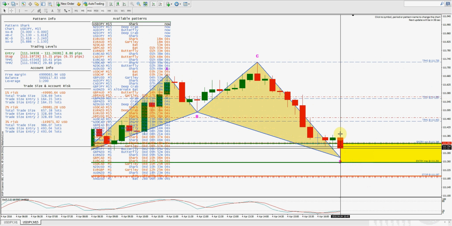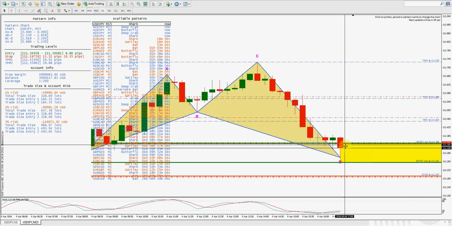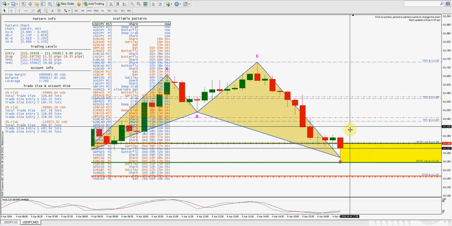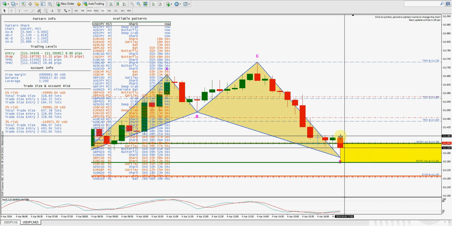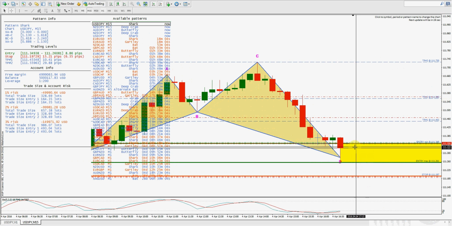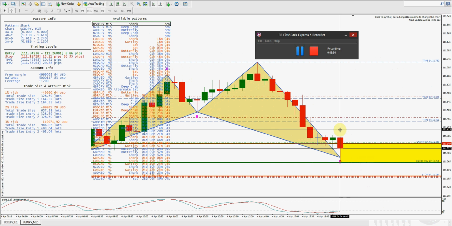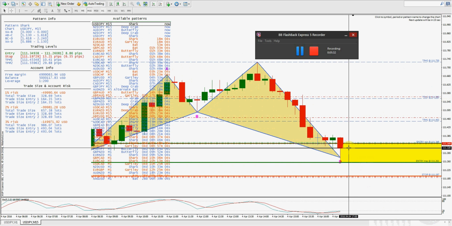I'm really hoping that it'll continue to test down and then decide to push up heavily. Because that's all it's been doing right now is testing this area. So we'll see here if the market is going to turn around for us or not.